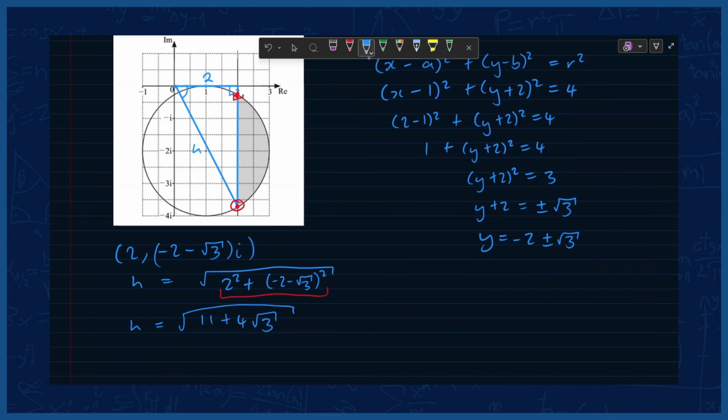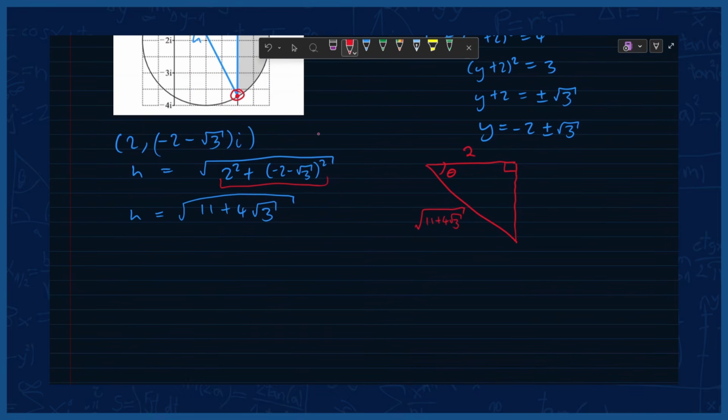Okay, so now we know the hypotenuse. So what we're looking at is a right angled triangle like this, and we know that we've got some angle theta, which is the argument we're looking for. This side is 2 and this side here is root 11 plus 4 root 3, and we can use SOHCAHTOA to find theta. So what we're saying is we've got the adjacent and the hypotenuse, so we can do cos.